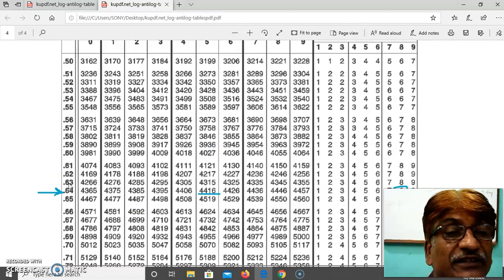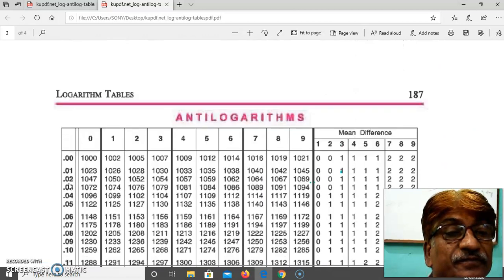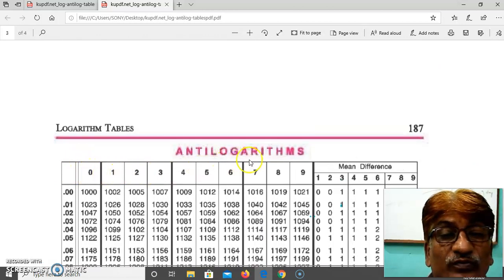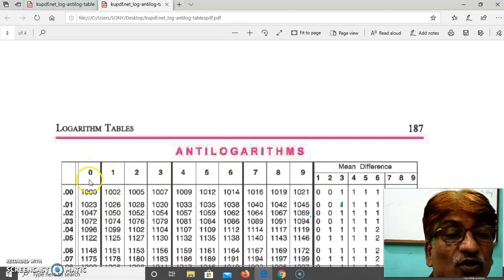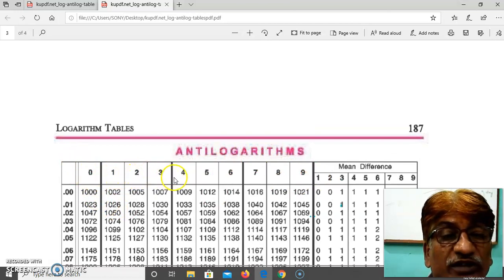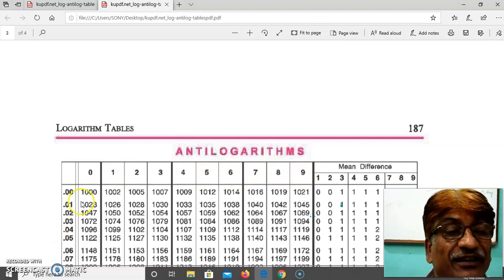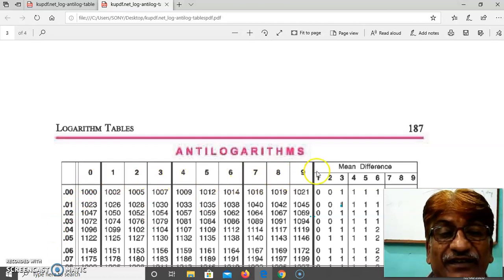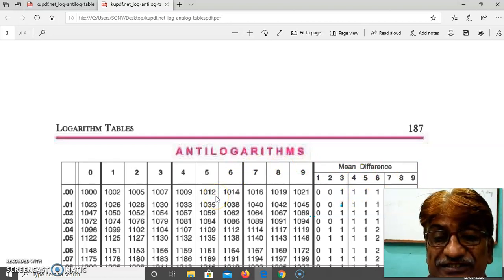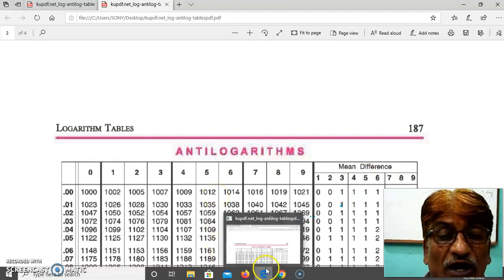Okay. Then we have seen in the row 0, 1, 2, 3, 4, 5, 6, 7, 8, 9. Means the third digit is 0 to 9 and the fourth digit is 1 to 9. That is the mean difference. Mean difference is added to that third digit.